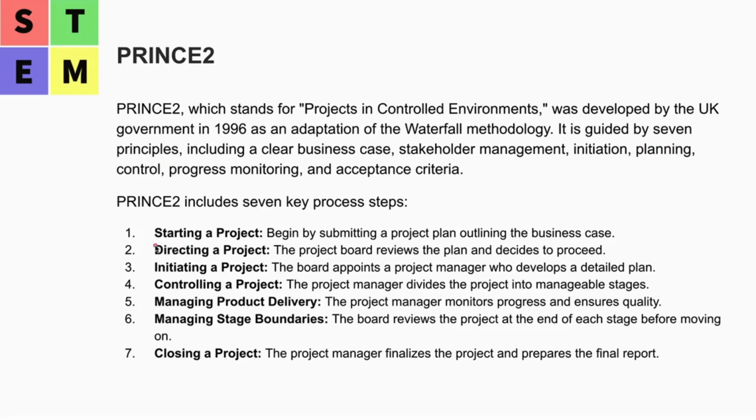We have 7 key steps here: starting up a project, directing a project, initiating a project, controlling a project, managing product delivery, managing stage boundaries, and closing a project. Those are the key process steps of PRINCE2.